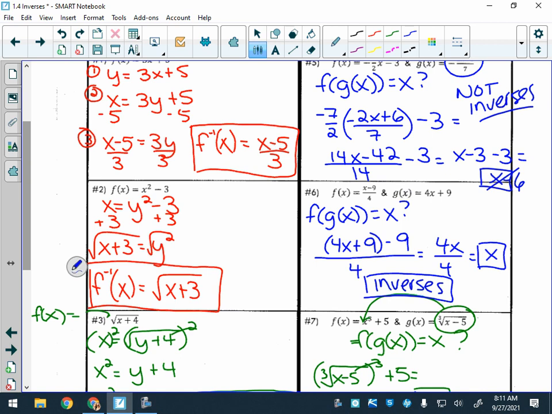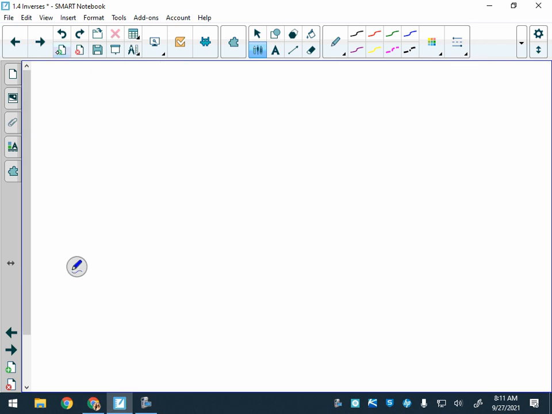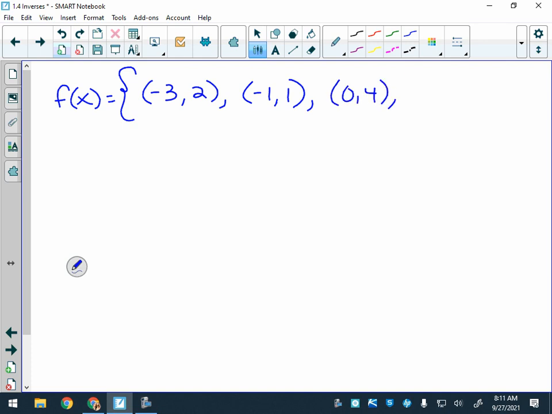All right? There's one more thing I want you to add somewhere. If I gave you a set of ordered pairs like this, no equation, you could probably fit it in this little spot at the bottom or here, just as another example to refer back to.